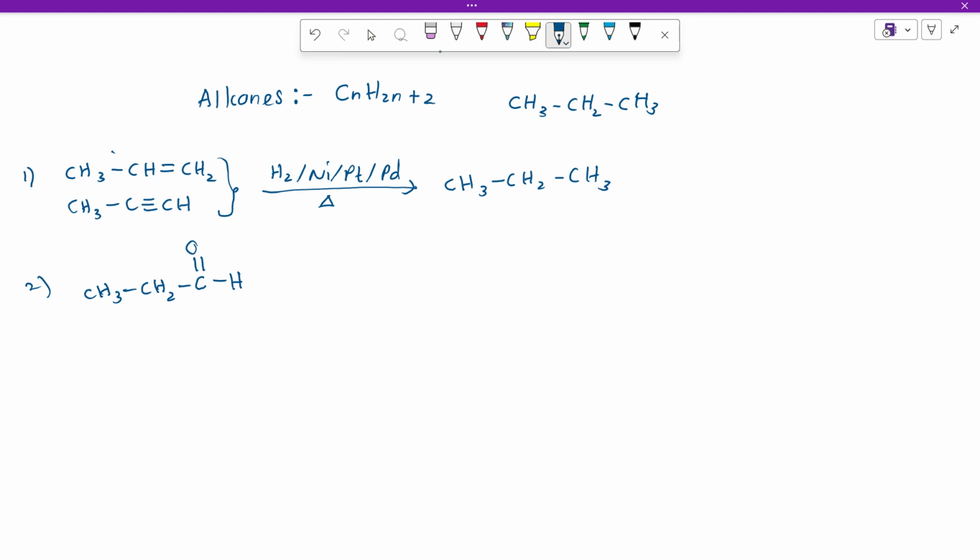For a ketone, CH3COCH3, once you add zinc with concentrated HCl, you will get an alkane as the end product: CH3CH2CH3.